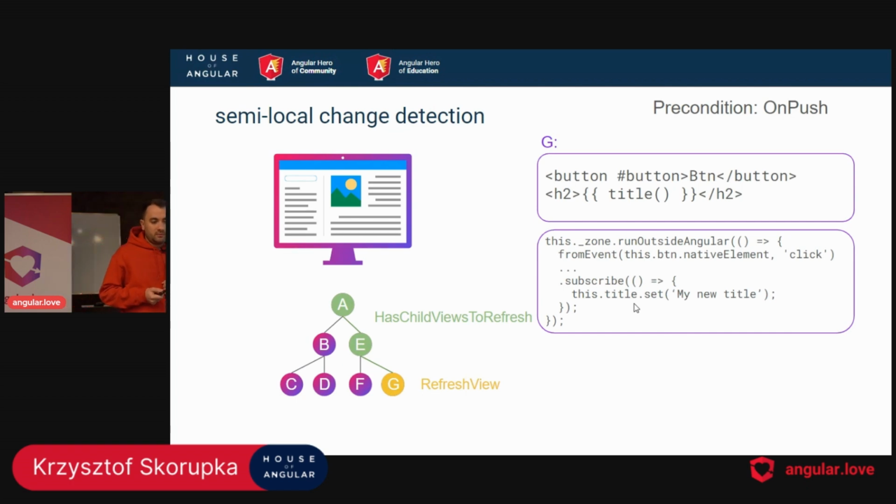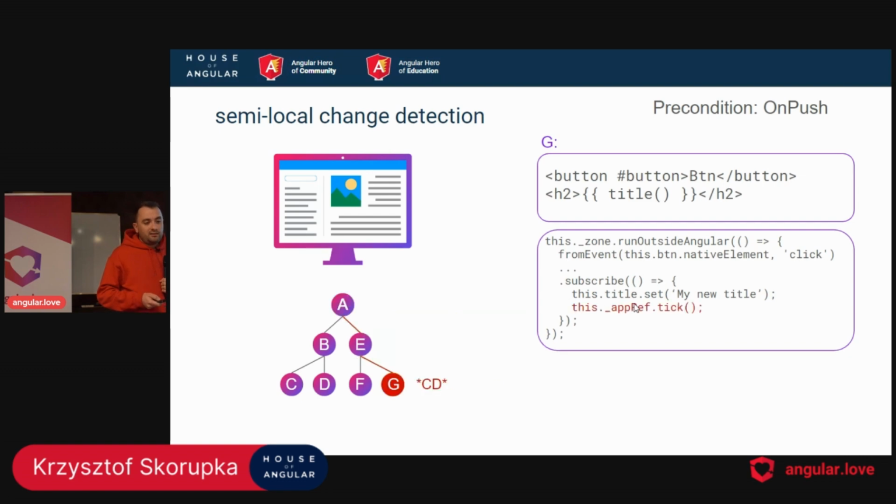So no benefit here, right? So how can we fix this? Well, we can try some dirty solution, like this one. We can call appRef.tick in the scope of our event handler and trigger change detection after the signal was set. But of course, this is not a good solution.